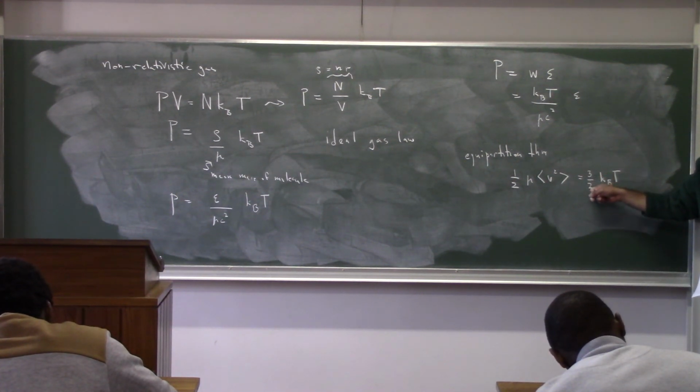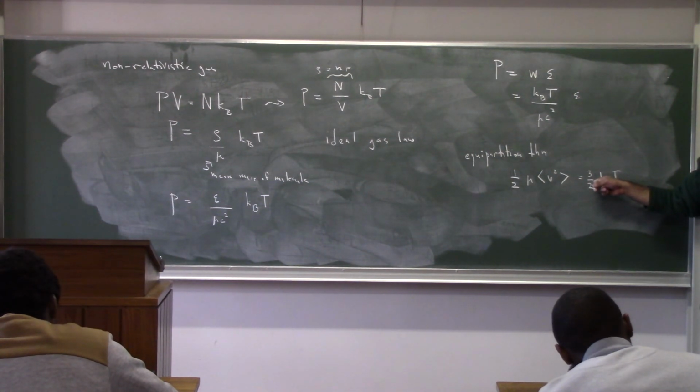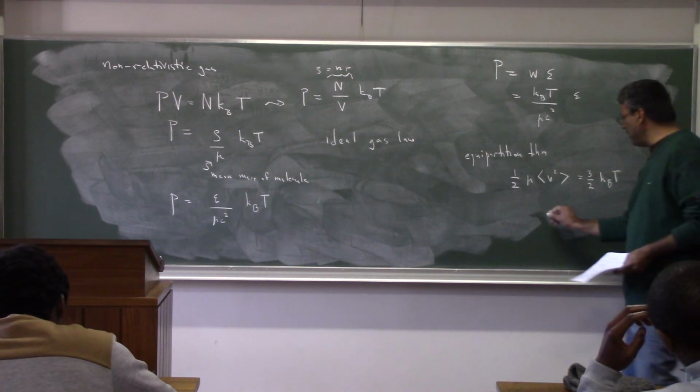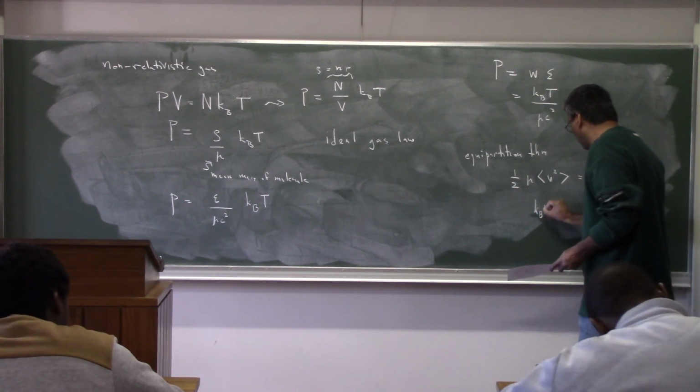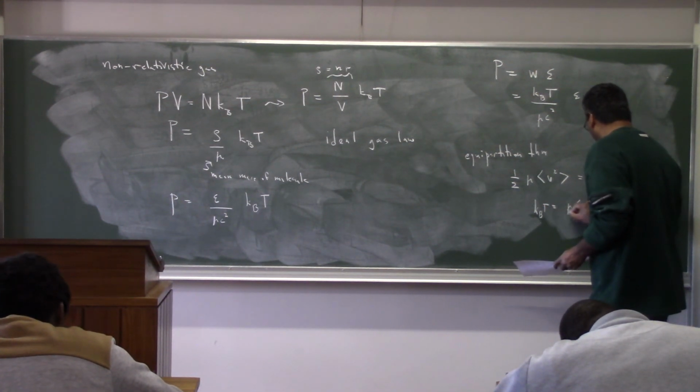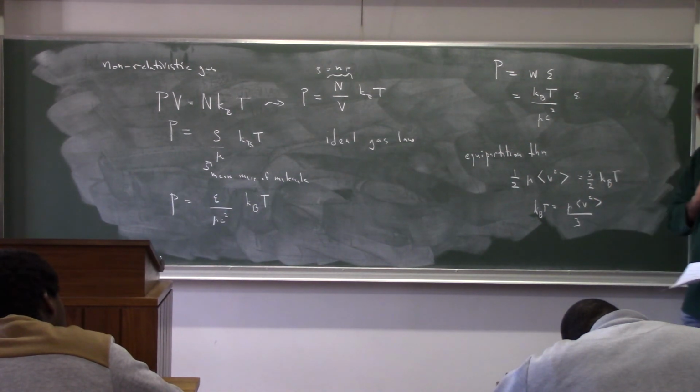So there's 1/2 k_B T for each degree of freedom the gas molecule enjoys. So k_B T is mu v squared over 3.